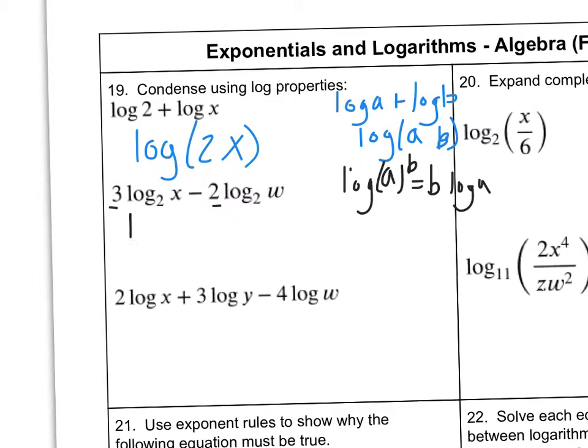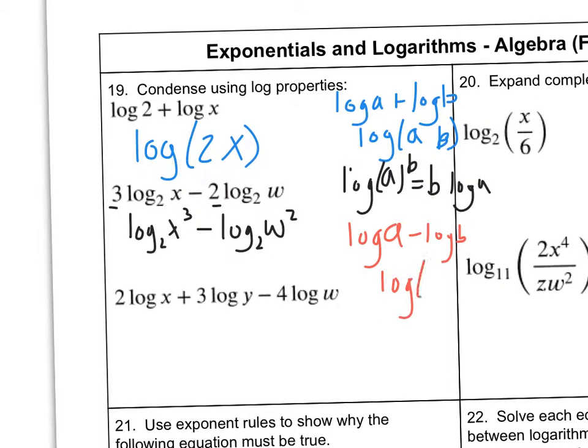So the first thing I might do would be to write this as log base 2 of x cubed minus log base 2 of w squared. And then the last piece here is I'm subtracting. That means I'm going to be dividing. The big idea there was log a minus log b could be written as log of a over b. So here we're going to have log base 2. That 2 just stays the same, and x cubed divided by w squared.